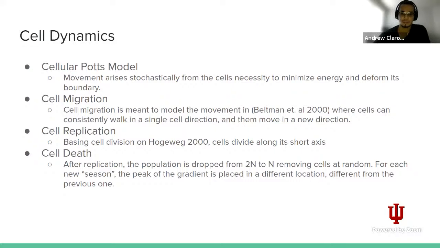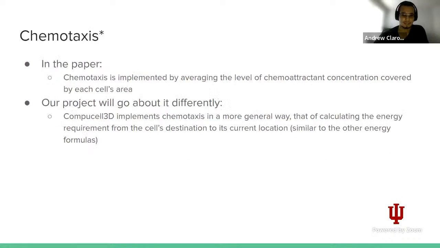And with cell replication, the cells divide on their shortest axis. And cell death, so after the replication, half of the cells are dropped off at random, and a new season is started where the gradient is in a different location. Go to the next slide.